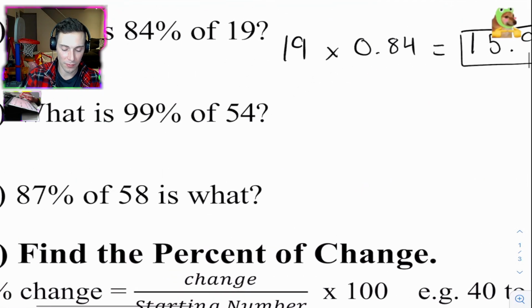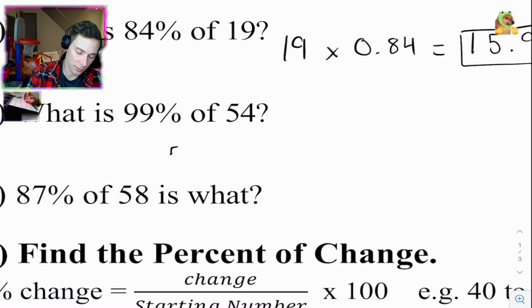99% of 54. That's going to be darn close to 54. 54 times 0.99, right?